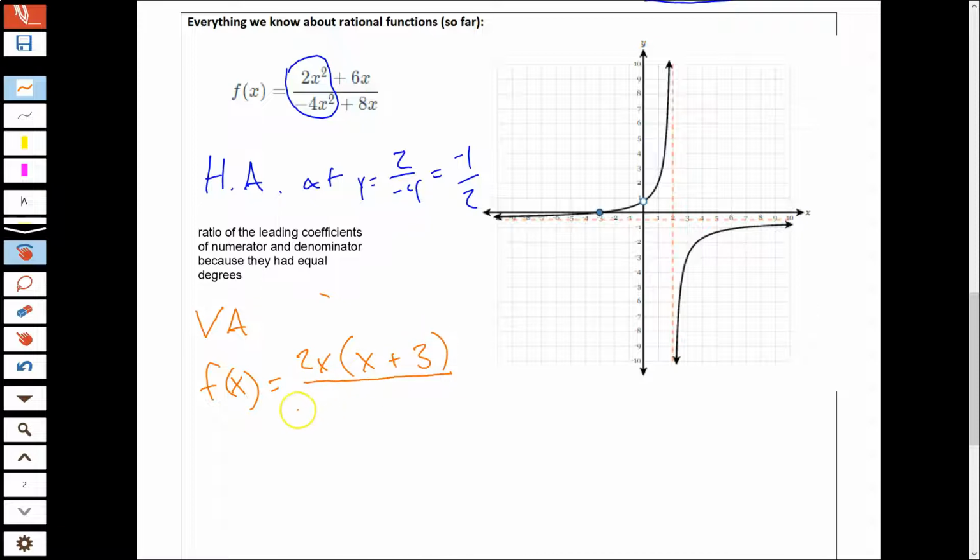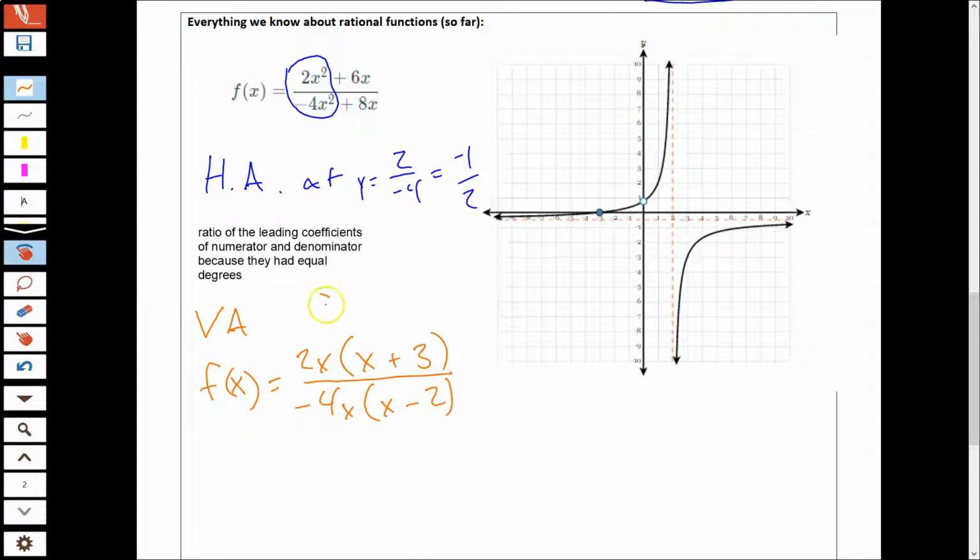And then the bottom, I'm going to factor out a negative 4x, and it's going to look really similar, right? So I'm going to have positive x minus 2 left over, and the way I can check that I've done it right is by distributing on the top, and if you think about it, I'm going to get what I had originally on the top and on the bottom, so that's how I know I've done it correctly.